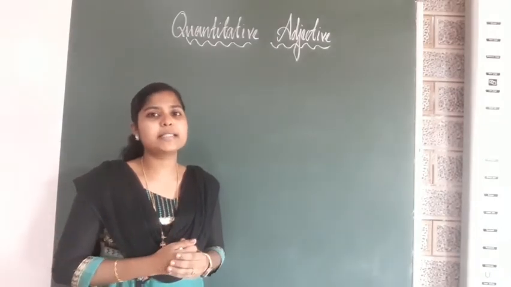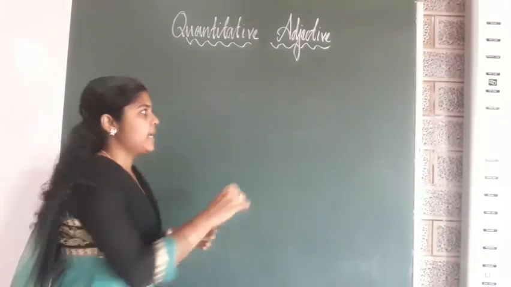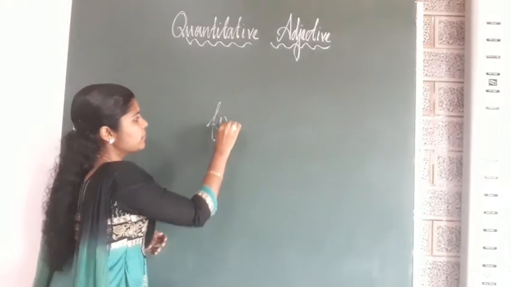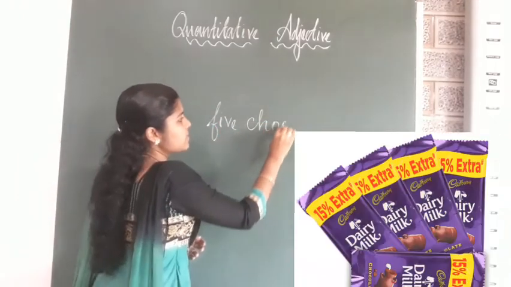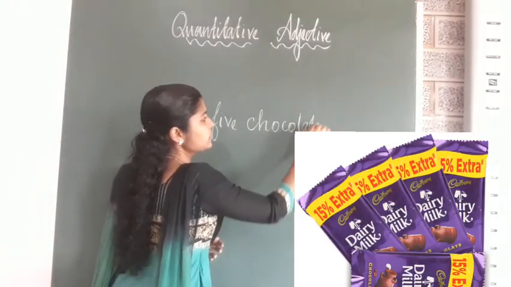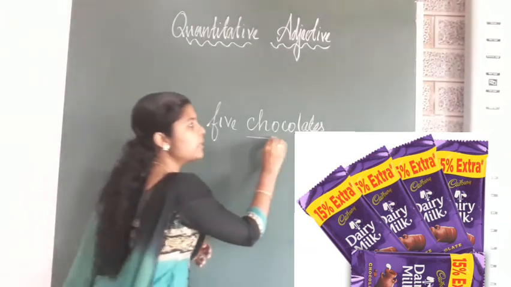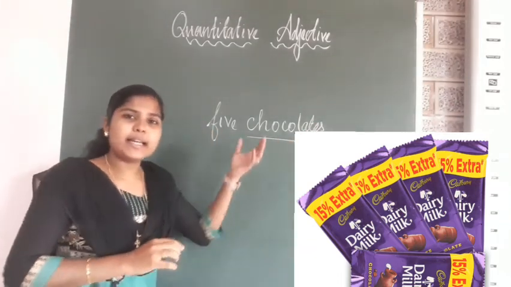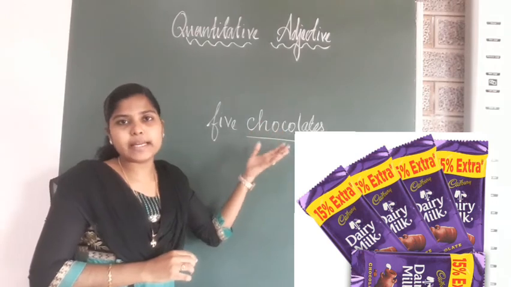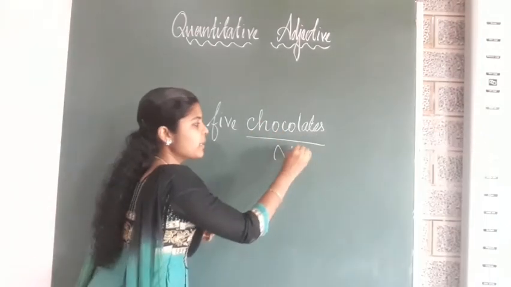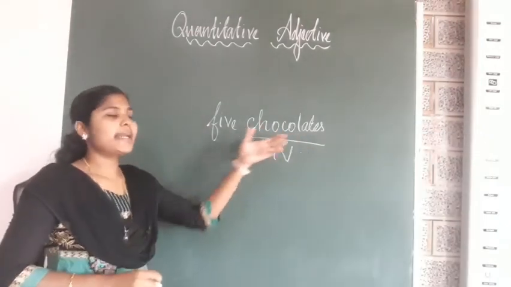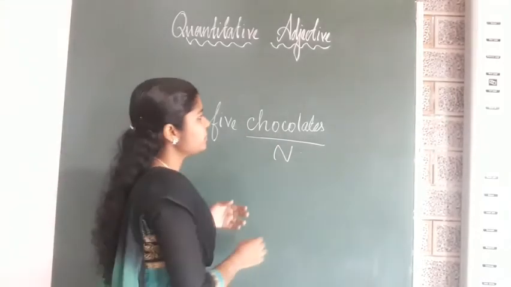Can you understand? If I am saying 5 chocolates, here the word chocolate is the name of a thing. It's the name of an eatable, isn't it? So it is a noun. Chocolate is a noun.